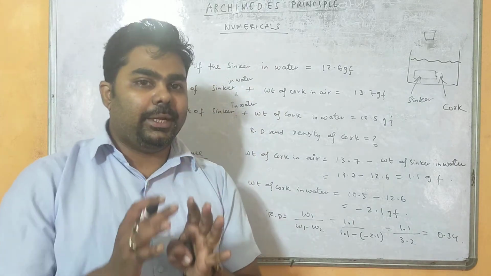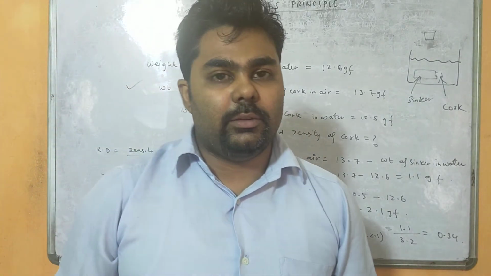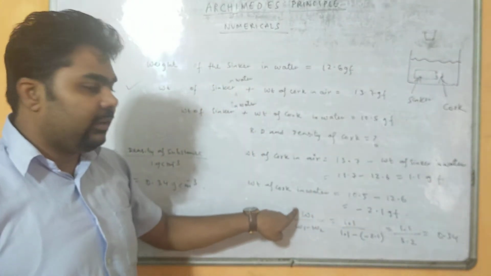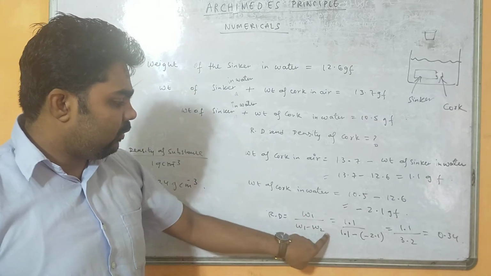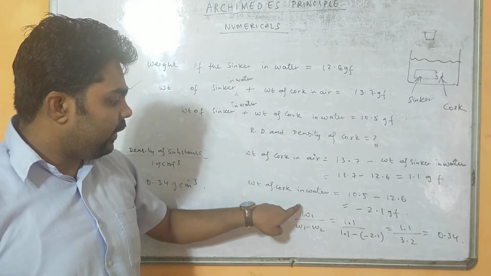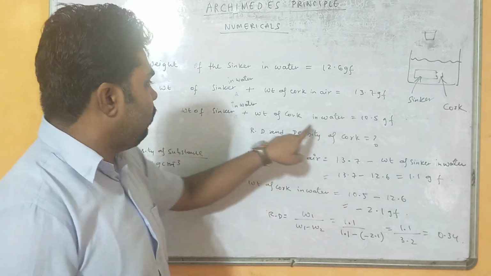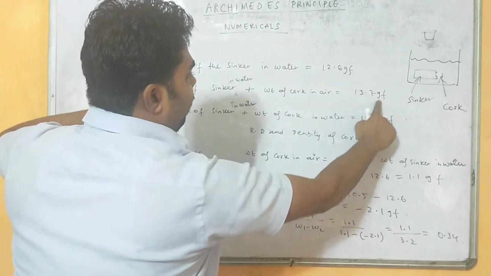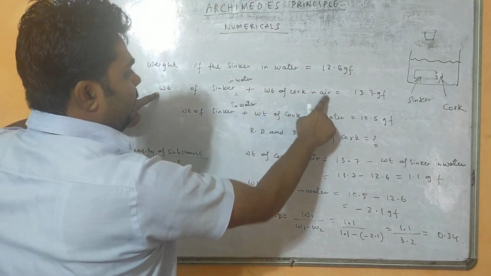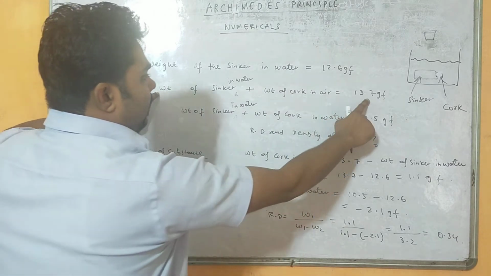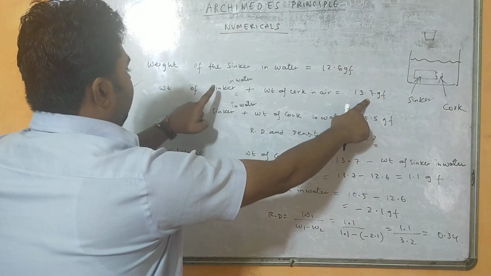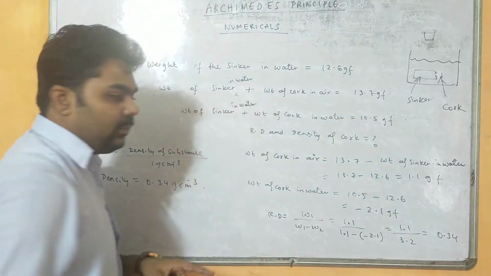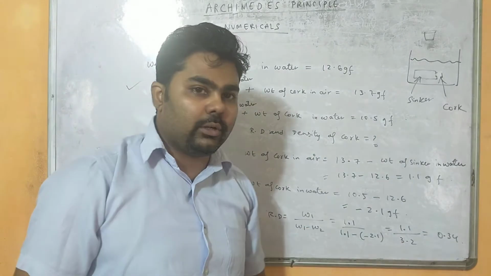Okay, I repeat, we have to find here relative density of cork. So in order to find it, we use weight in air divided by weight in air minus weight in water. How will you find weight in air? See the second equation: if we subtract weight of sinker in water from 13.7 gram of force, we will get weight of cork in air. So 13.7 minus 12.6 gives the weight of cork in air. Next we have to find the weight of cork in water.